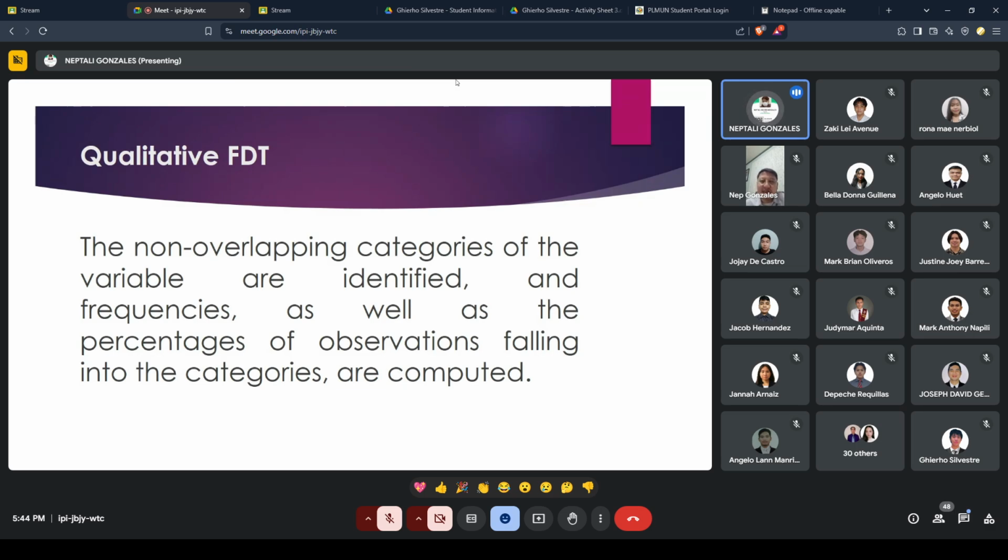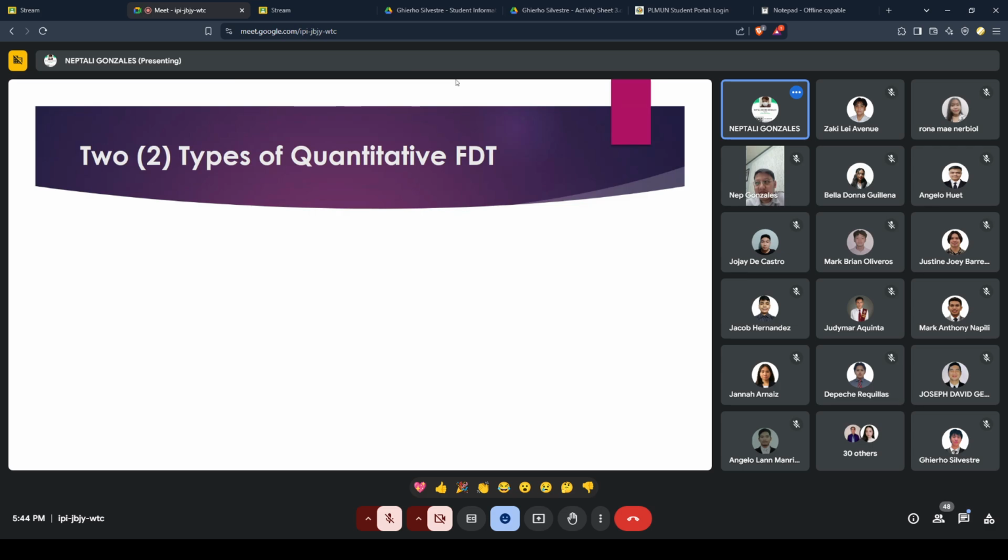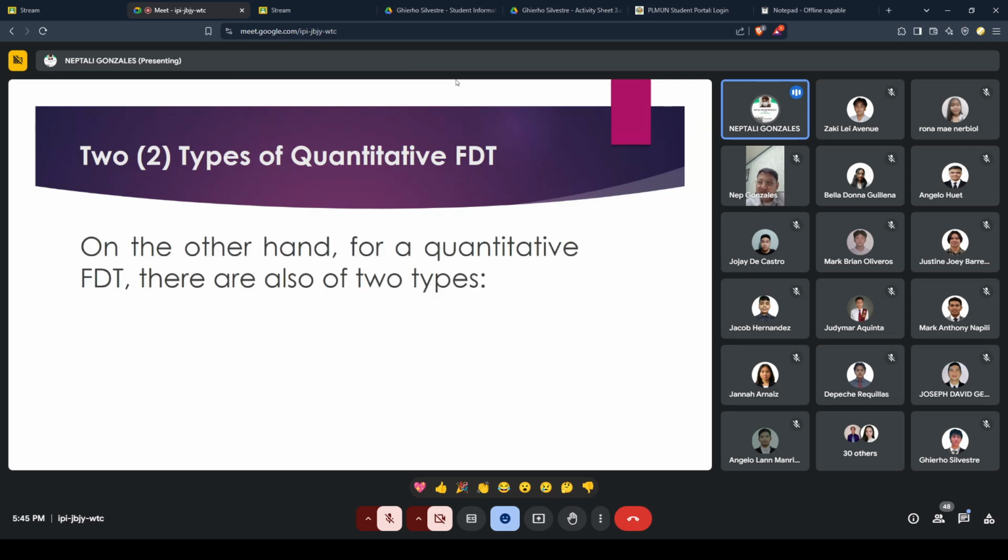You will know the terms later. Under quantitative FDT, there are also two types, the ungrouped and the grouped. For tonight, we will have the grouped and ungrouped frequency distribution table.